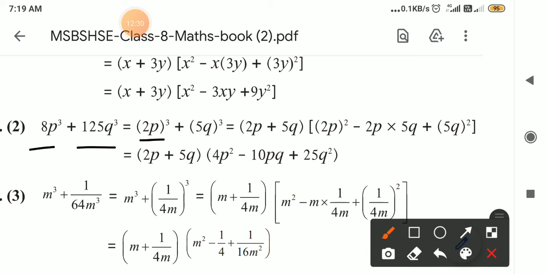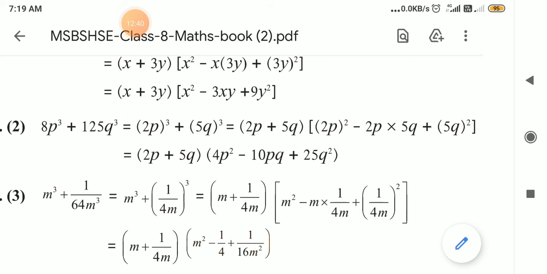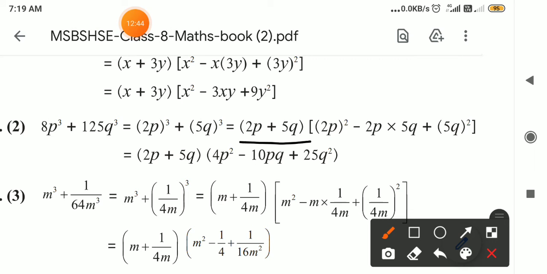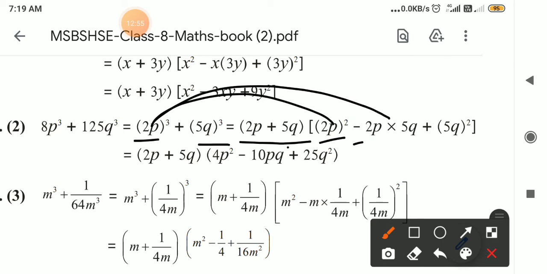Same here, 125 is the cube of 5: 5 5s are 25, 25 5s are 125. According to the formula, at first we do the addition of both terms, 2p plus 5q. Then first term square, minus both terms' multiplication, 2p into 5q, and then the second term's square.